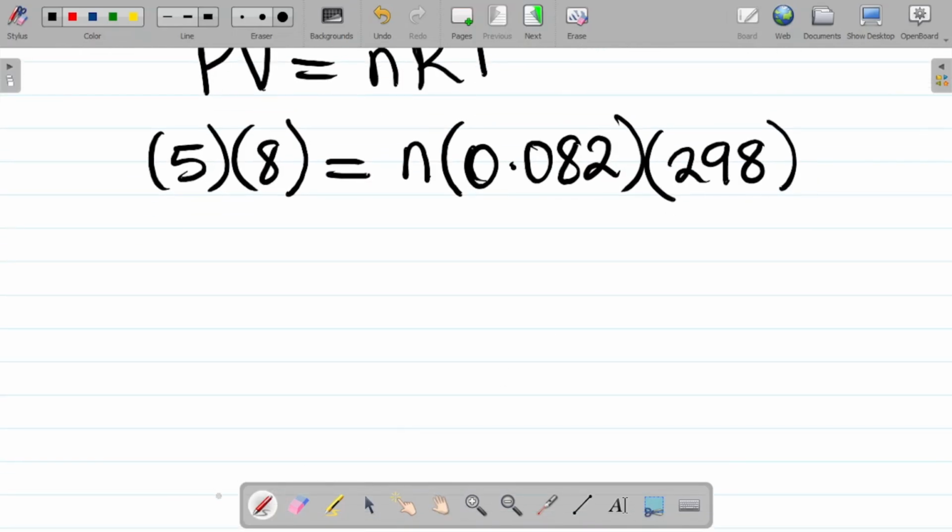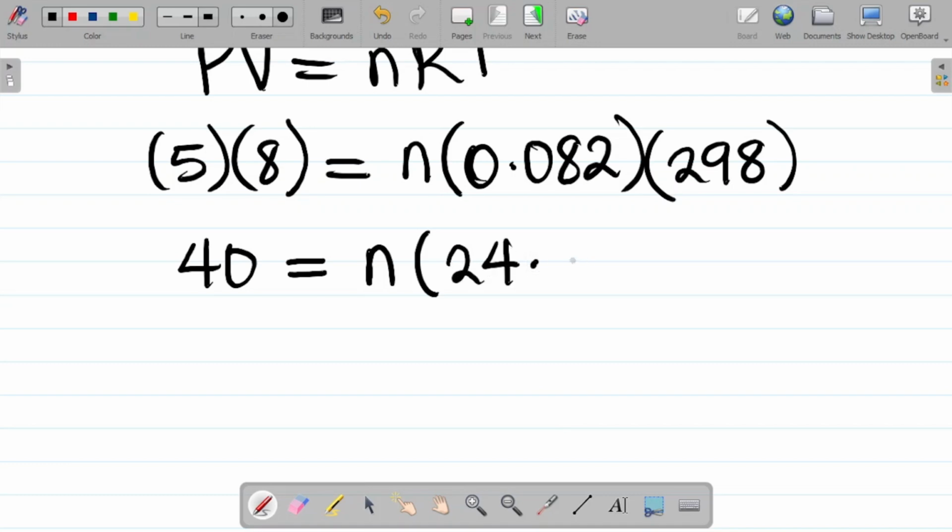From here, let's find the value of n. First things first, 5 times 8 gives you 40. So 40 is equal to n into 0.082 multiplied by 298, which gives you 24.436.